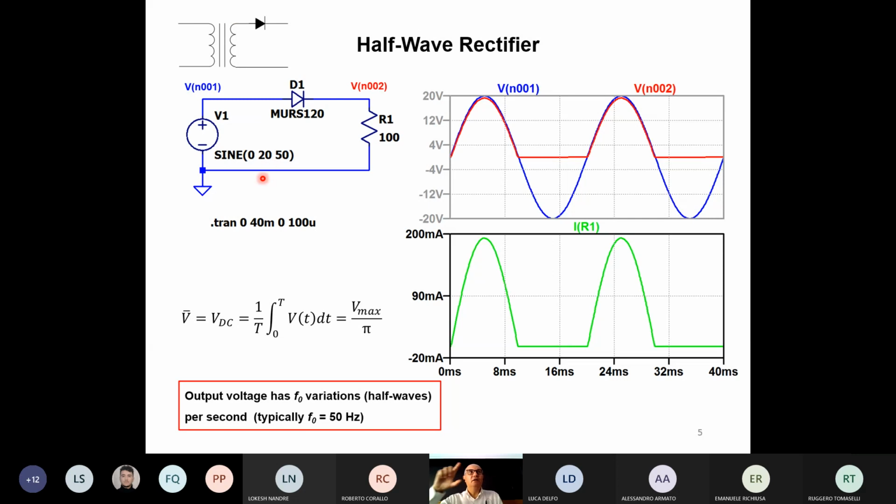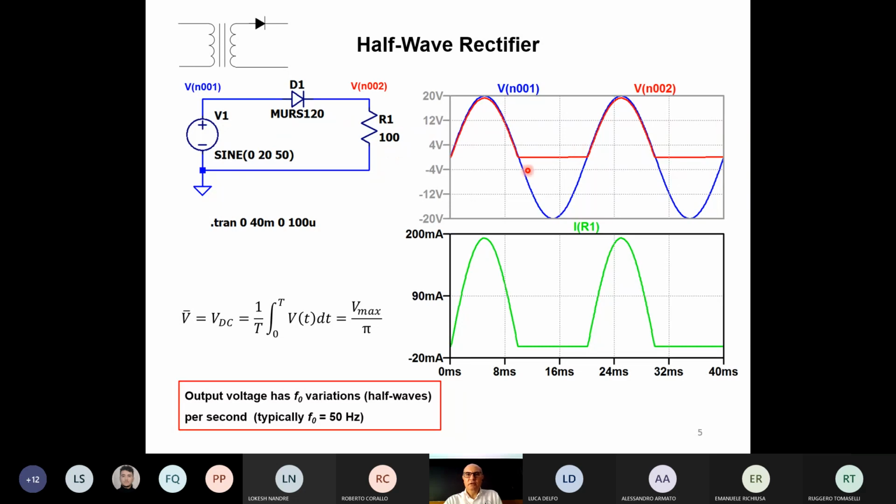These 20 volts are the peak voltage. So if you want to calculate the effective voltage, you must divide by 1.4, and it will be something like 14 volts of effective voltage. Then I used a diode, a standard diode, and I'm supposing that we have a load of 100 ohms. Okay?